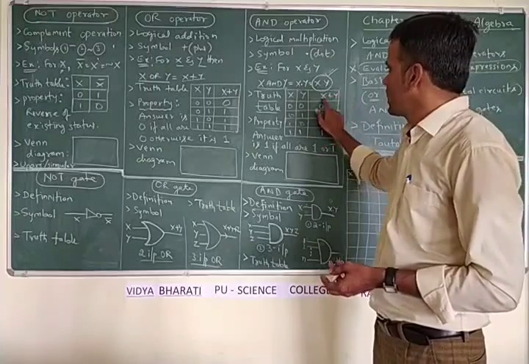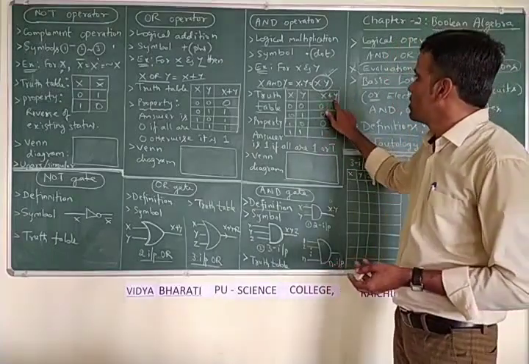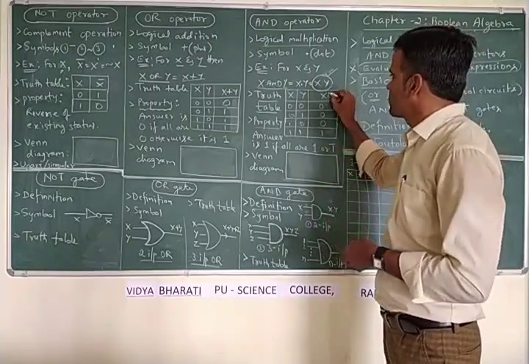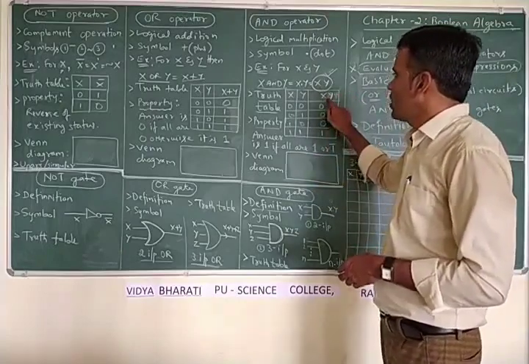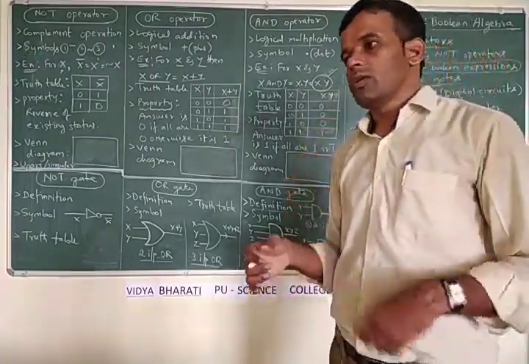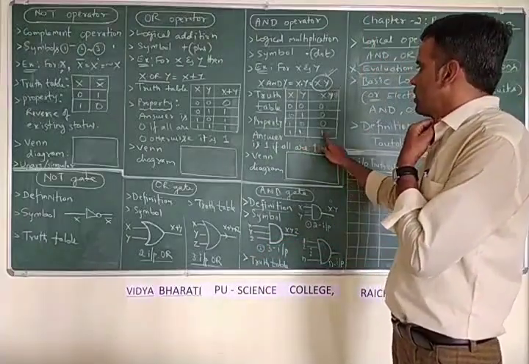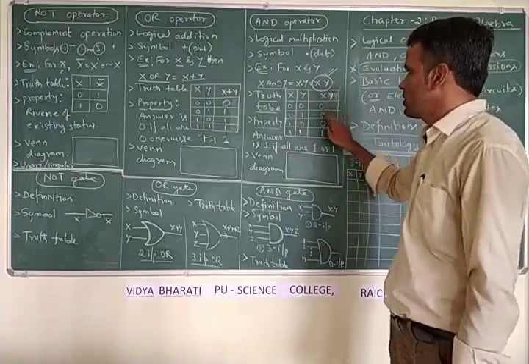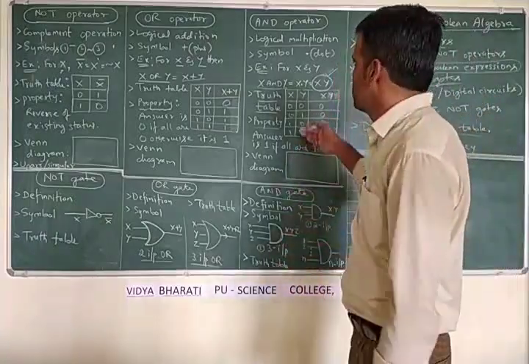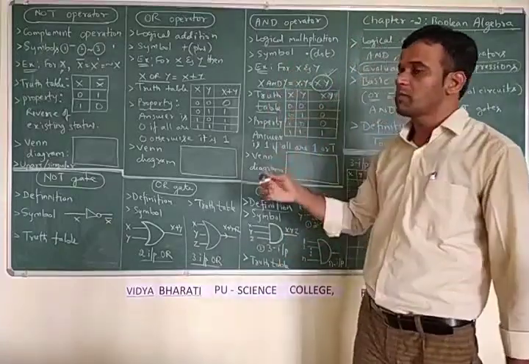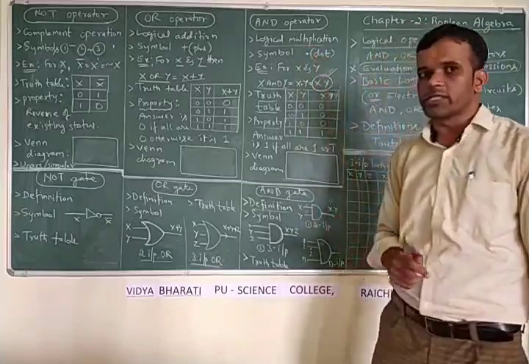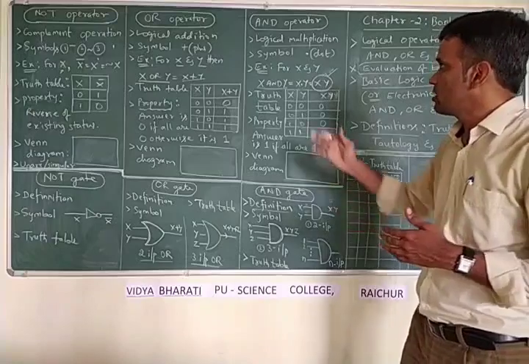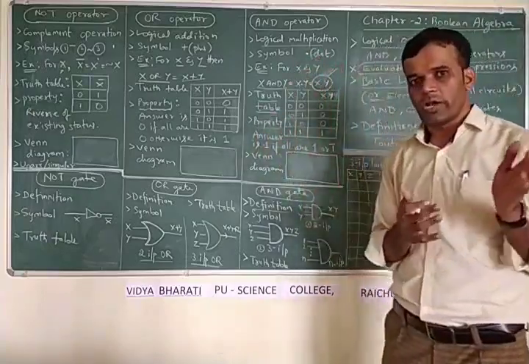So the answer is x dot y, or we can write it as xy. x AND y is going to be true if all are 1, otherwise it is 0. So if both are true, then it is true, otherwise it is false. We can say the AND operator performs logical multiplication. It's not normal multiplication, it's a logical multiplication, though this logical multiplication exactly matches the normal multiplication.